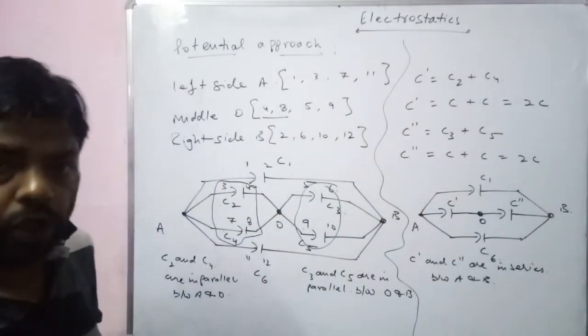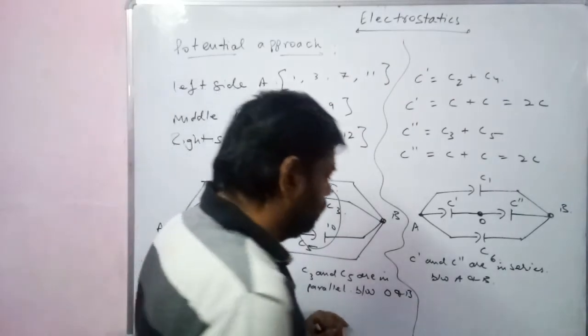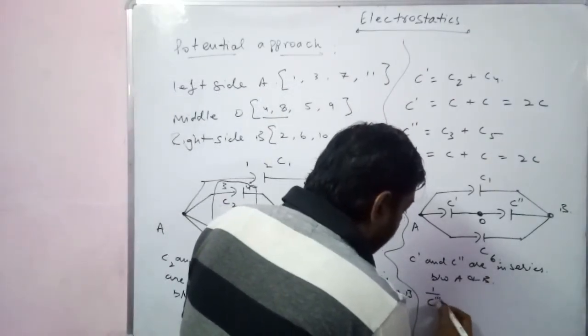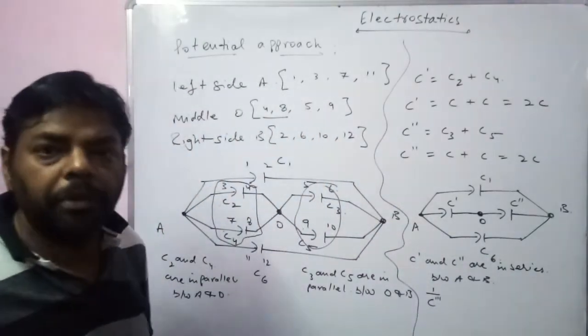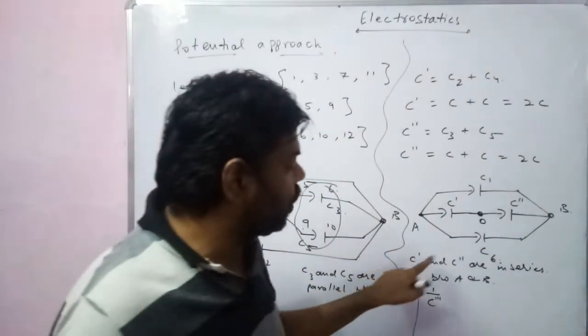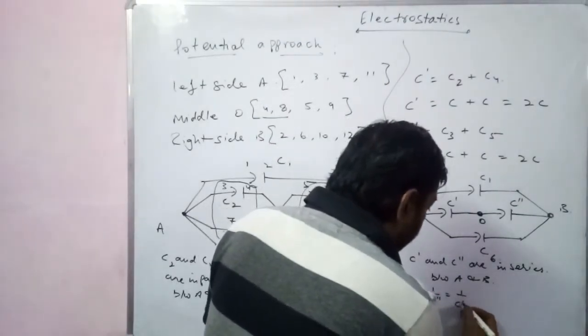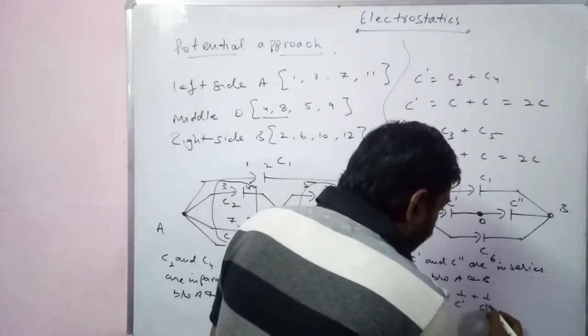Now let us suppose 1 upon C triple dash is the equivalent of C dash and C double dash. So it is 1 upon C dash plus 1 upon C double dash.